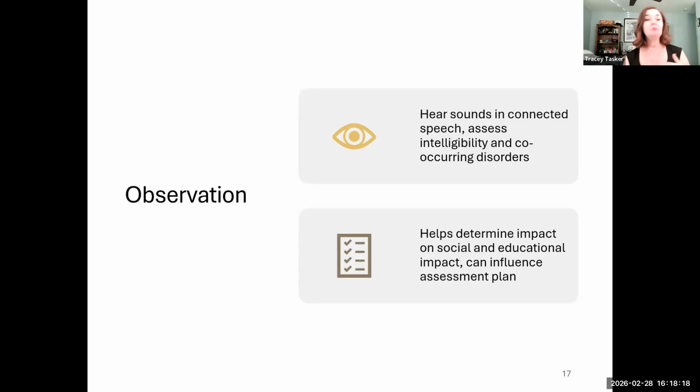So if they're not speaking up in class, for example, or not interacting with their peers because they're self-conscious about their speech delay or disorder, that's good information to have. You don't always get to do an observation. Sometimes it's a timing issue. Sometimes a private school may not let you come onto their campus. So it isn't always possible, but it's great if you can do it.